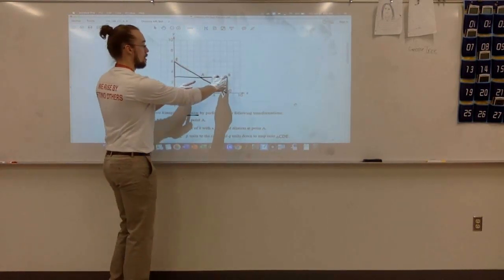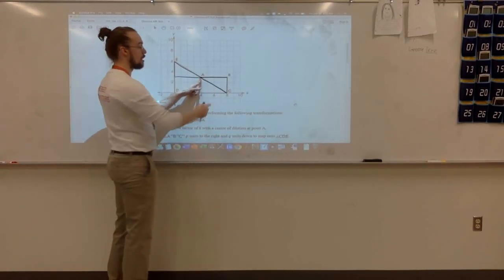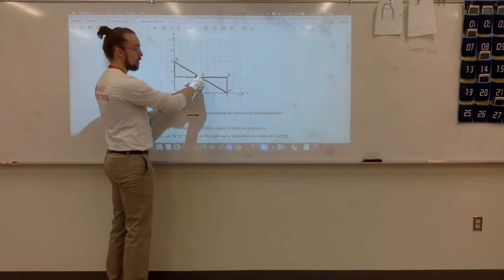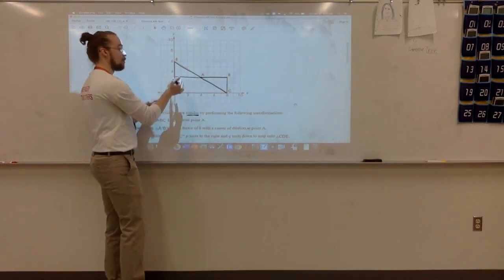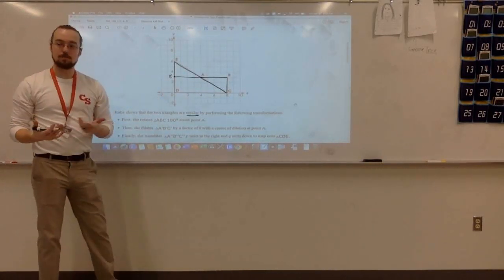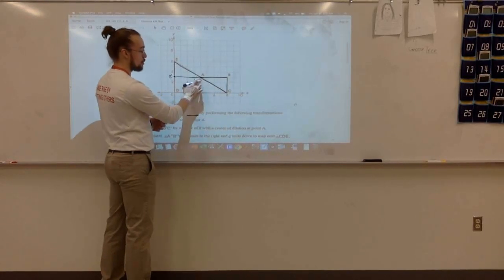Okay, so if I'm rotating about point A, obviously A is going to stay in the same spot. But then from B to A is a distance of 4, so then I'm going to stay on that same line and go a distance of 4. My B prime would be right here. Same thing for C. We want to see how far we're going straight to that line.